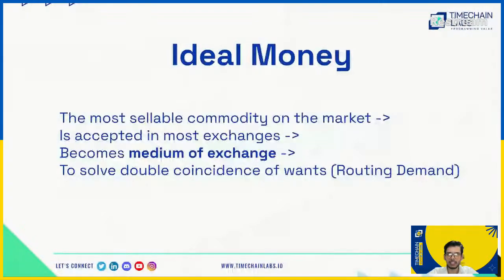Let's say I require shoes, and you have shoes, but you don't have what I want. I actually want a TV. I want shoes, but I'm giving you a TV, and you don't want a TV, you want something else. So we don't have a natural exchange happening with barter here. We have a problem here. We have a double coincidence of wants not happening.